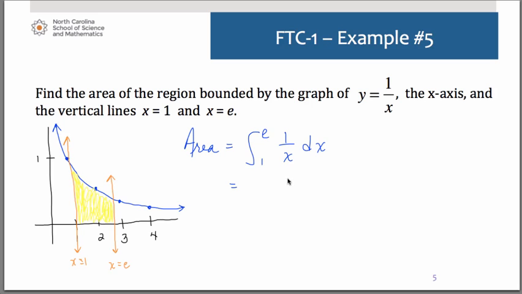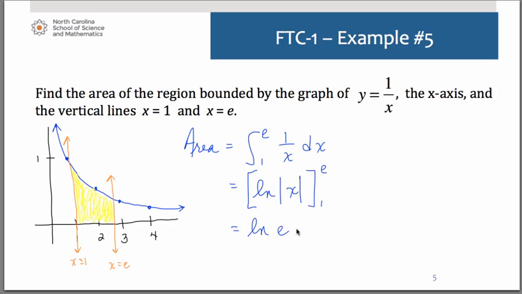Evaluating the integral, according to the first fundamental theorem of calculus, we know the antiderivative of 1 over x is natural log absolute value of x, and we're going to evaluate that from 1 to e. Substituting the upper limit of integration first, we'd have natural log of e.